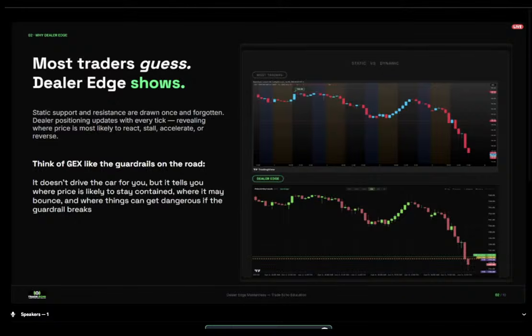As we know, most traders are guessing. They draw support and resistance on the chart. Sometimes it works, sometimes it doesn't. The main problem here is those levels are usually static. Dealer positioning is different because it updates with the market in real time. I like to think of GEX kind of like the market's guardrails, if you will.